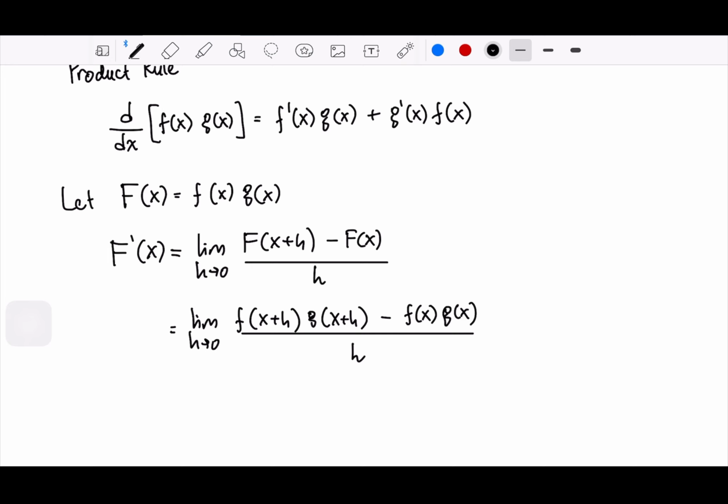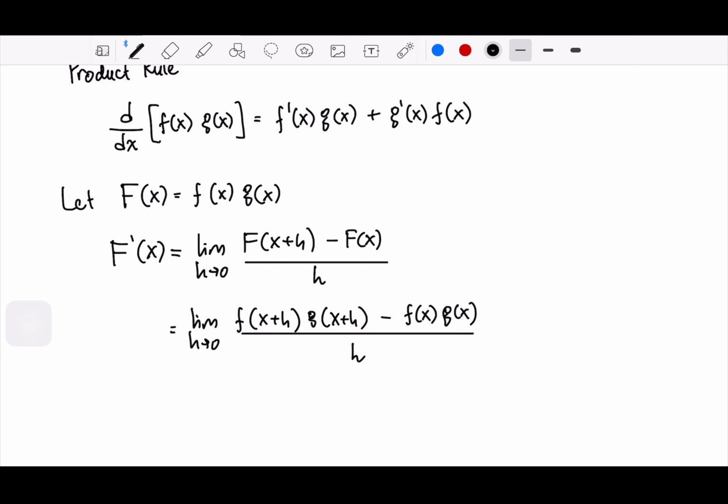The idea is, you see this has f and g, right? But it's different: x plus h, this is x plus h, and this is just x. So what I would like to do, or you would like to do, is remember that we have this, and this will be our definition of f prime, right?